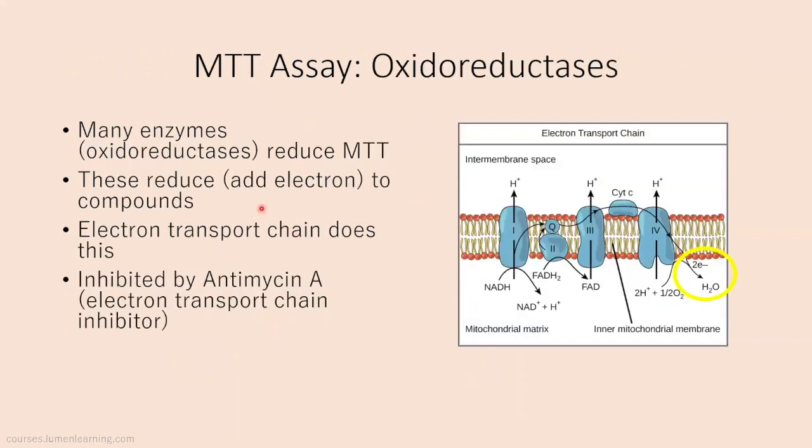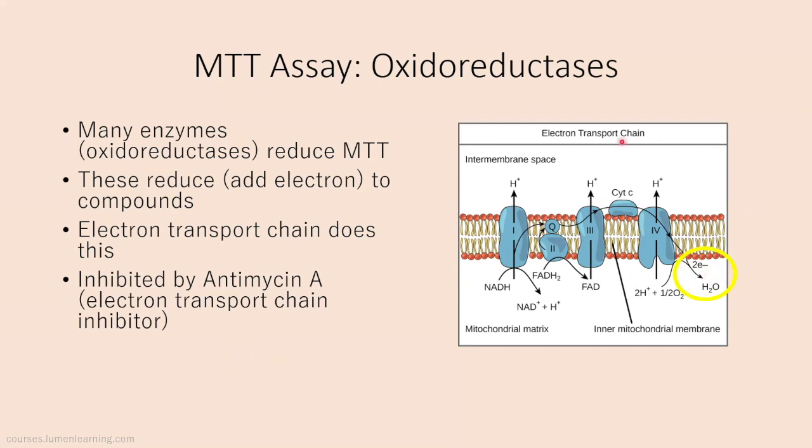So what is occurring here with the MTT assay is it's actually measuring the reduction power of all of the cells in the well. And one of the biggest components that does this is the electron transport chain. In fact, you can see here at the end of complex 4, oxygen is reduced, thereby acting as an oxidizing agent by the electron transport chain itself.